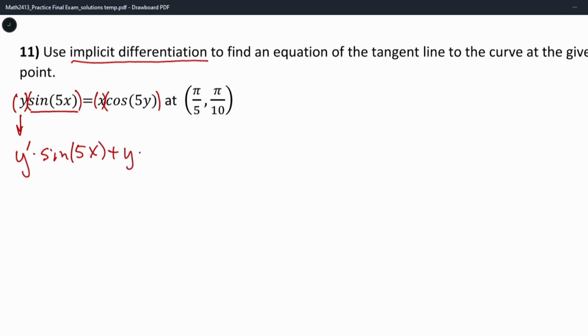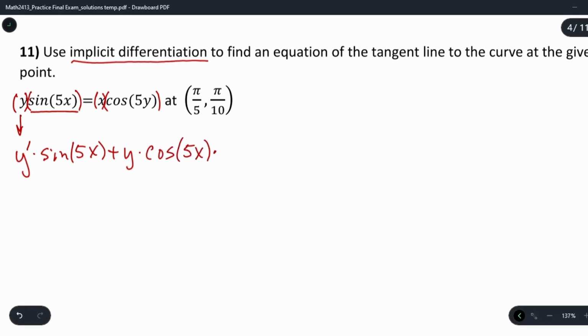And since the angle is not just x, we will have to use the chain rule. So the derivative of sine is cosine. The stuff inside stays the same, multiplied by the derivative of the angle, which is 5. On the other side, the derivative of x is 1 times the second plus the first times the derivative of the second.